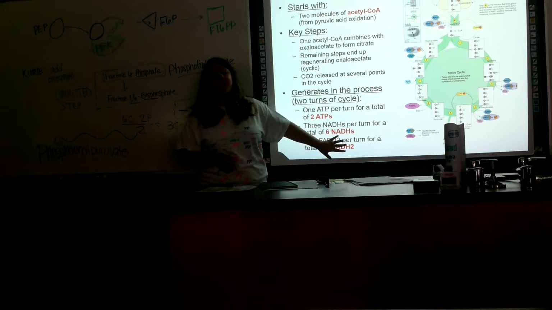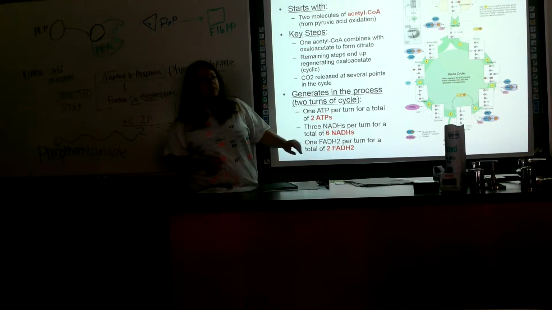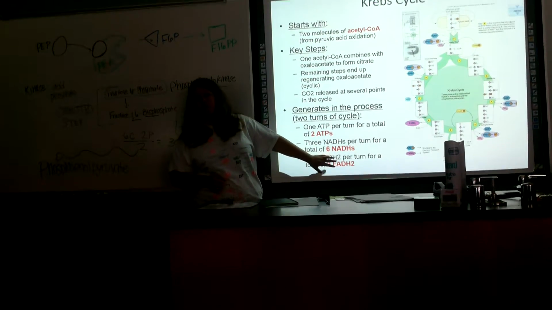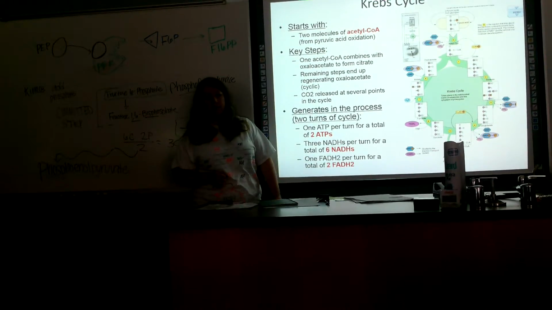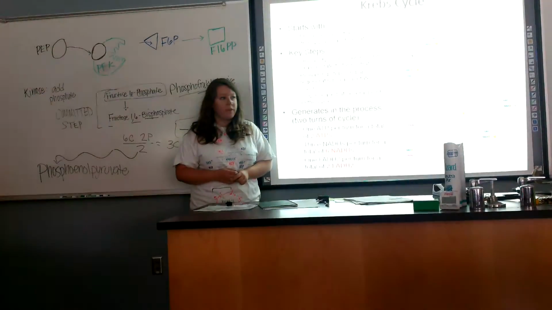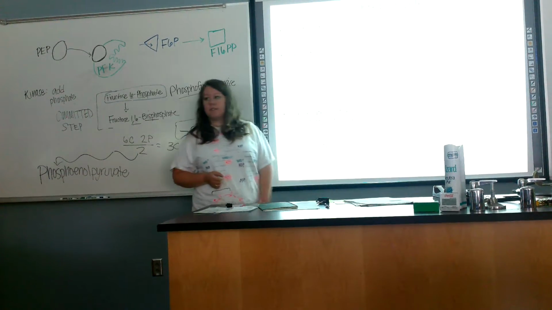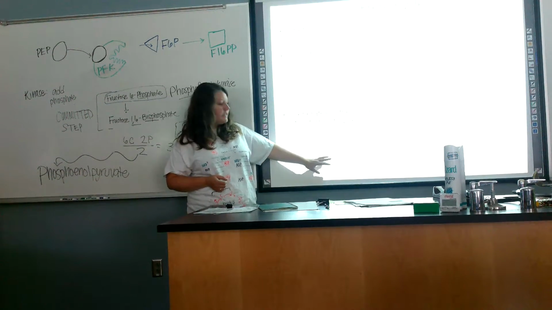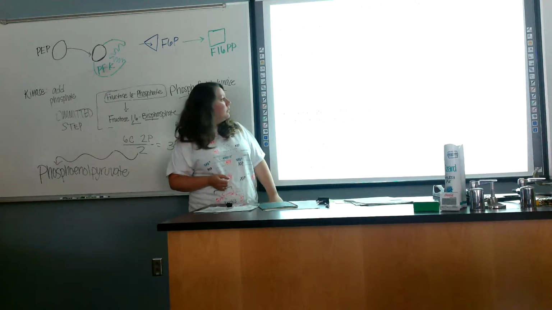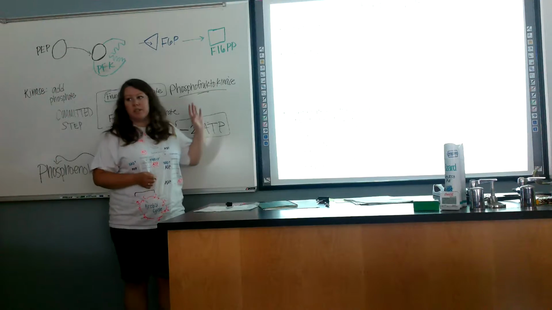So that is the major product of the Krebs cycle, is these guys being reduced. Very important. So huge contributor to the electron transport chain. So it's okay that we only make 2 measly ATPs in this process, because it's going to pay off later in the ETC. Any questions about this? That's all I want you to know.